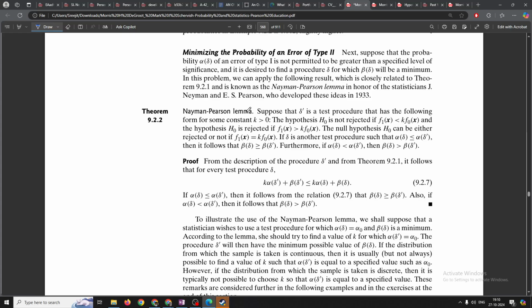It says that if h naught is rejected when f1 of x by f naught of x is greater than some k, then there is no other test procedure that could do better in terms of type 1 error.